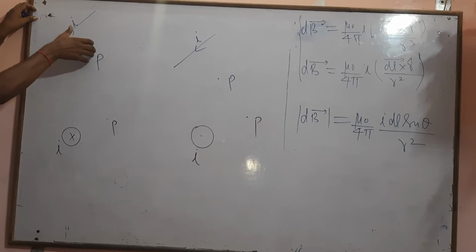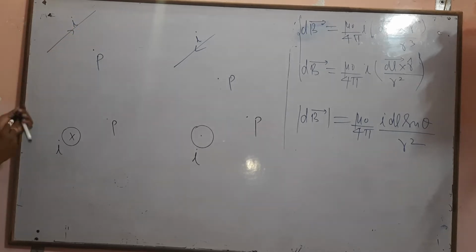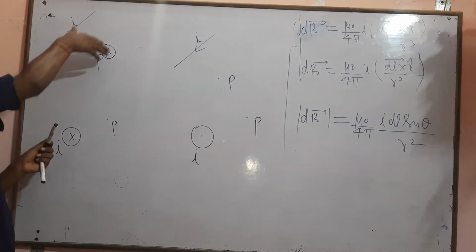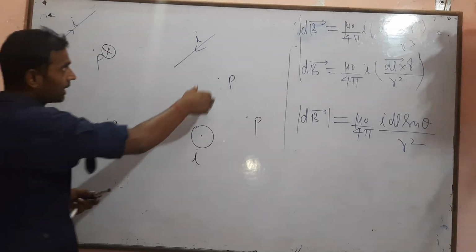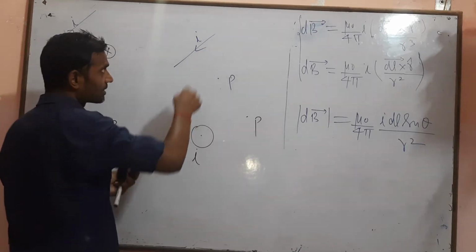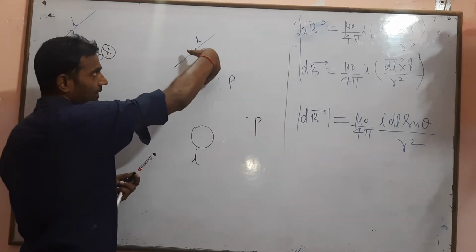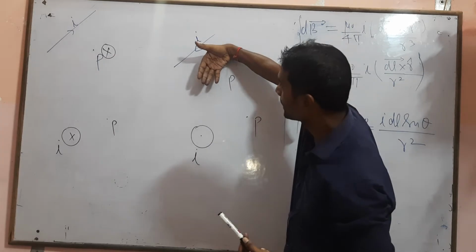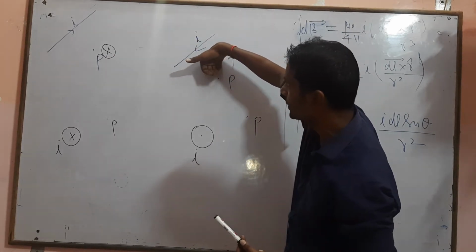This is the current I, and this is the point P. Then you can curl at point P. This is the direction of the magnetic field, inside, because the curl will be inside. For the next situation, the current I is given like this, so what will be the direction of the magnetic field?